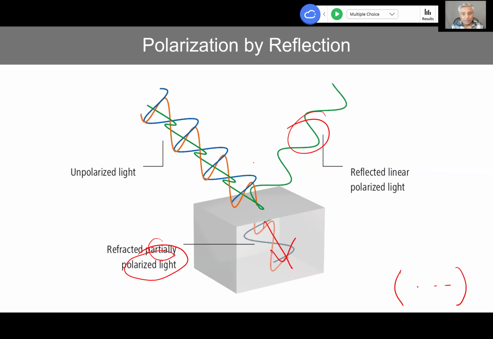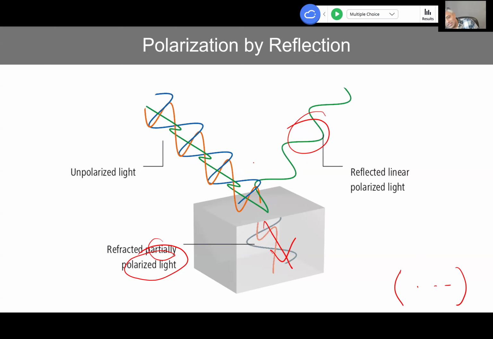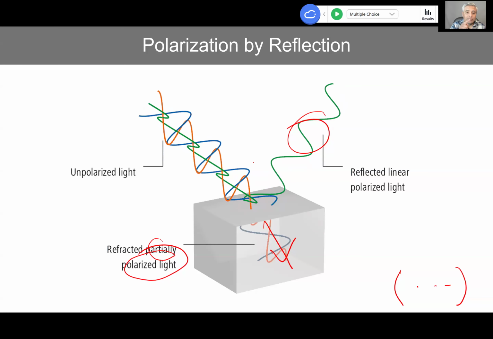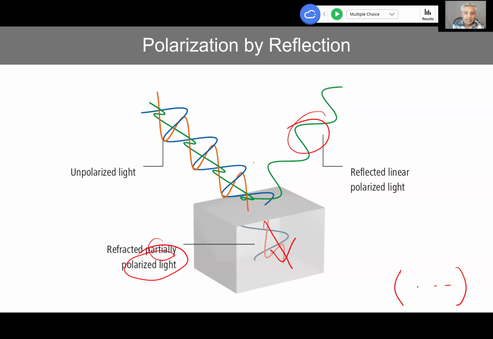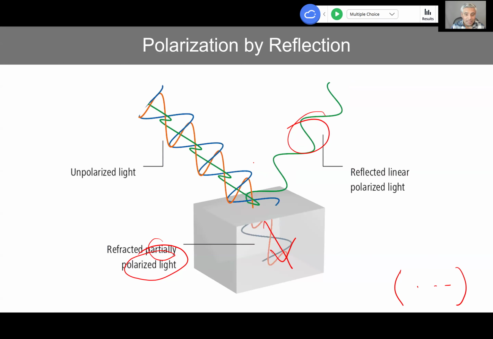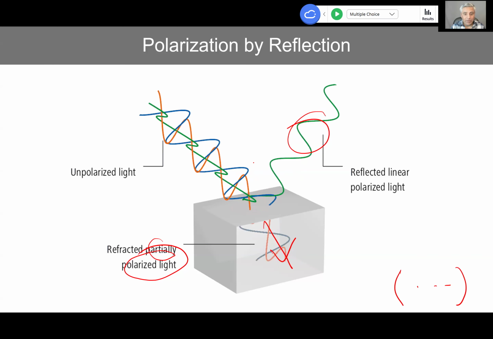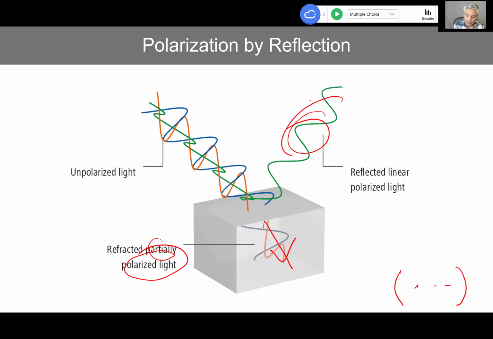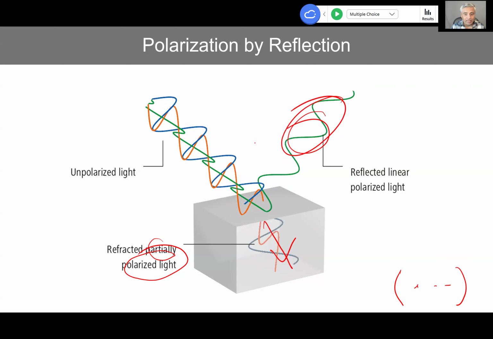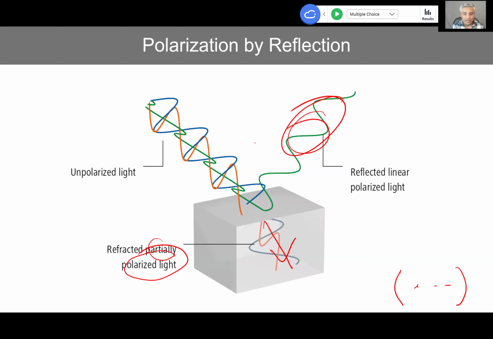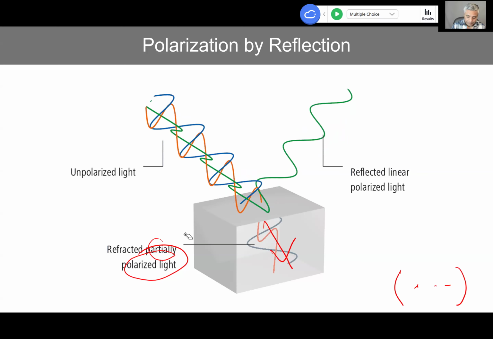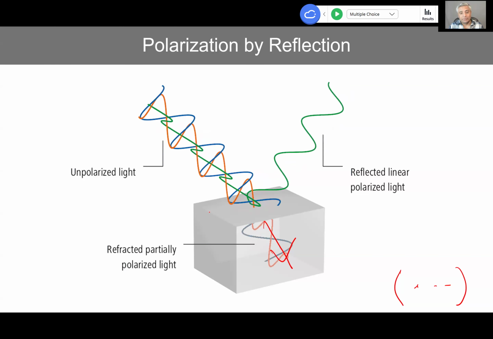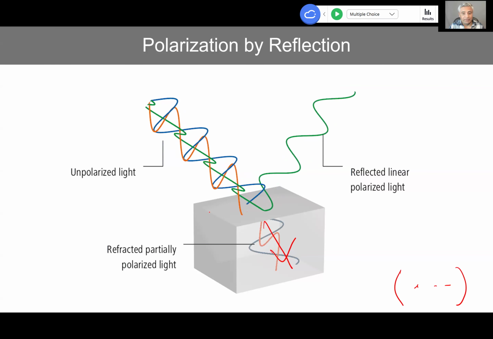But if you duck down a little bit or change the angle of your head, in some cases, you may avoid that glare. You can still see the water, means the light is still coming from the water and entering your eyes, but only the polarized one is entering in that particular situation, okay? So in short, a wave can be polarized just by reflection.